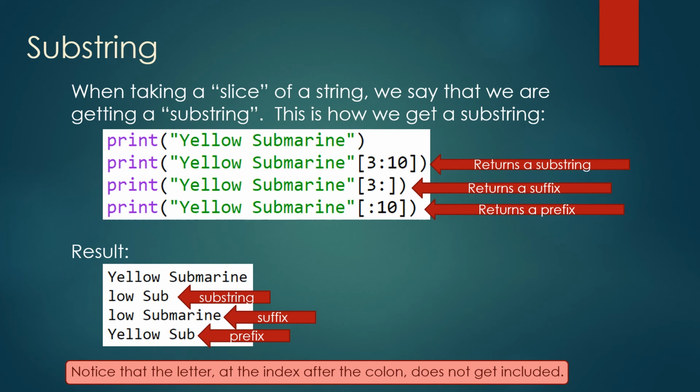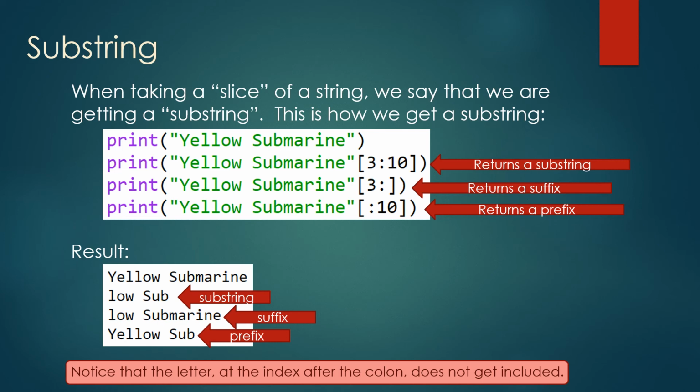So if you subtract 3 from 10, you get 7. And if we count the characters that we copied, LOW space SUB, we end up with 7. So when we take a slice and we have both integers in our square brackets, if we subtract the first from the second, it tells you how big our slice will be.